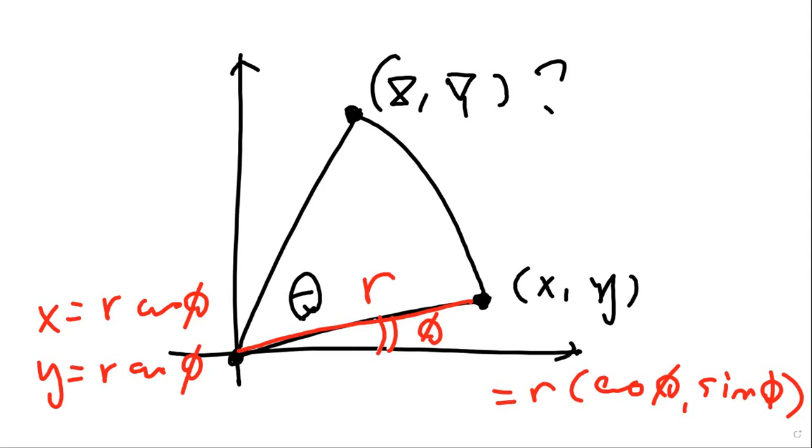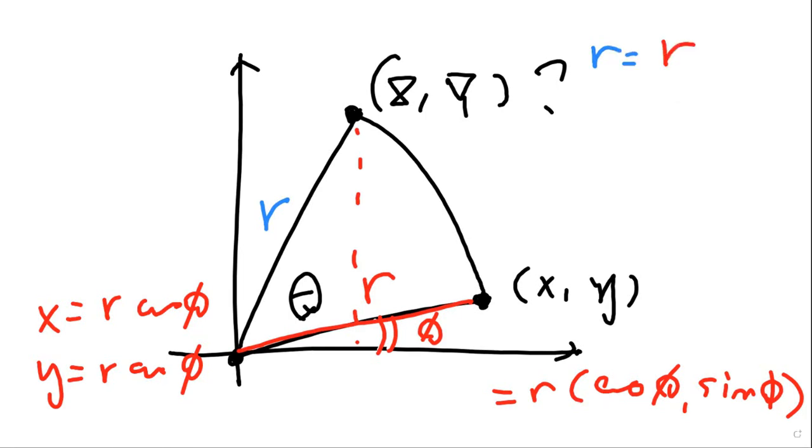Then how do we solve for the location of big X and big Y? The blue R is the same as the red R, there's no problem, right? The angle right here will be very easy.